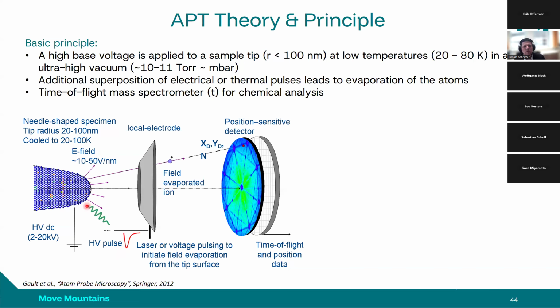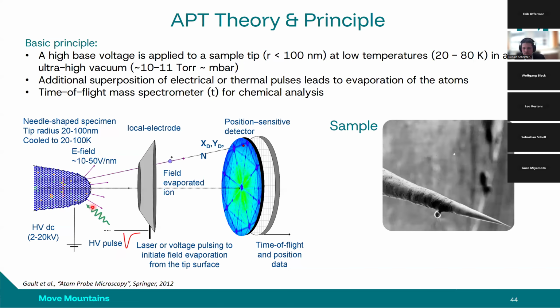When you then do your reconstruction, you register the atoms which hit the detector and get information about the position. You measure the time of flight of individual atoms or ions which are detected. And then in the end, you get three-dimensional atomic information of your measured sample volume.